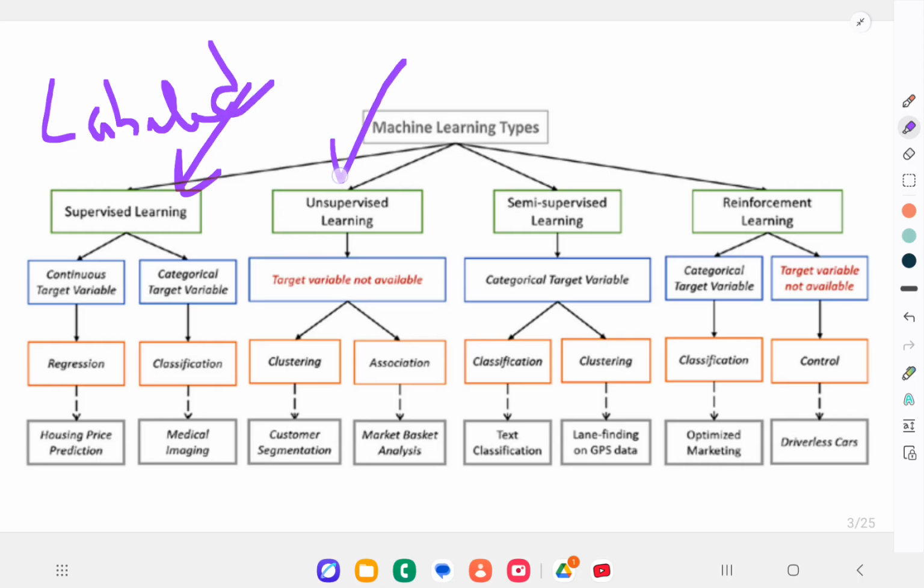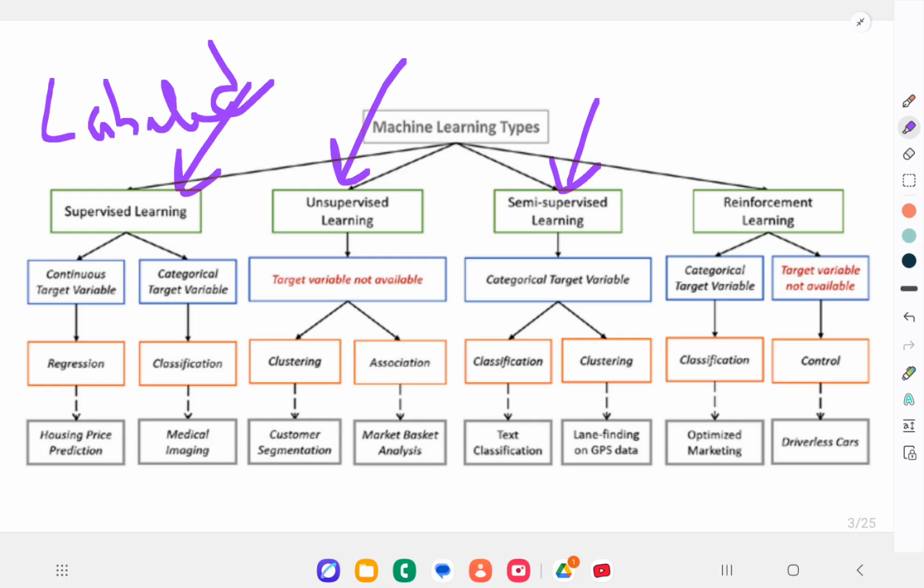In contrast, we have unsupervised learning, which we use when the data set is unlabeled. The model's job here is to find structure, for example grouping customers into behavioral groups without knowing in advance which group is which. That's unsupervised learning. In between, we have semi-supervised learning.